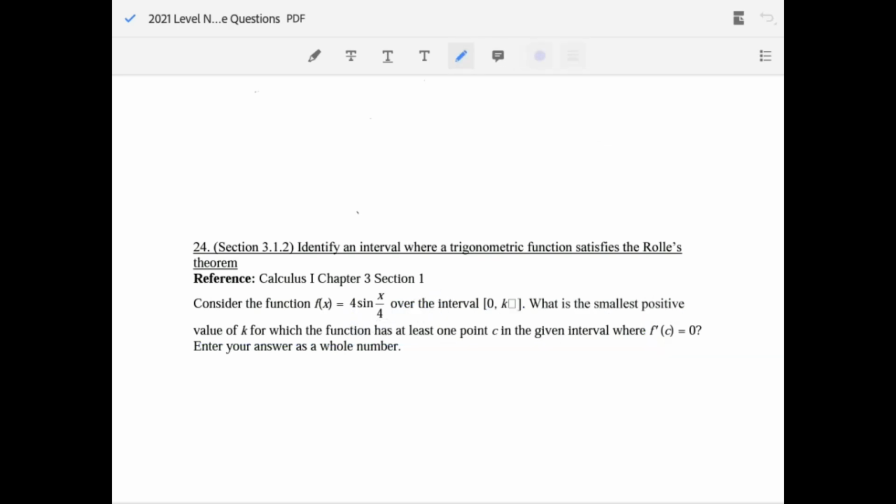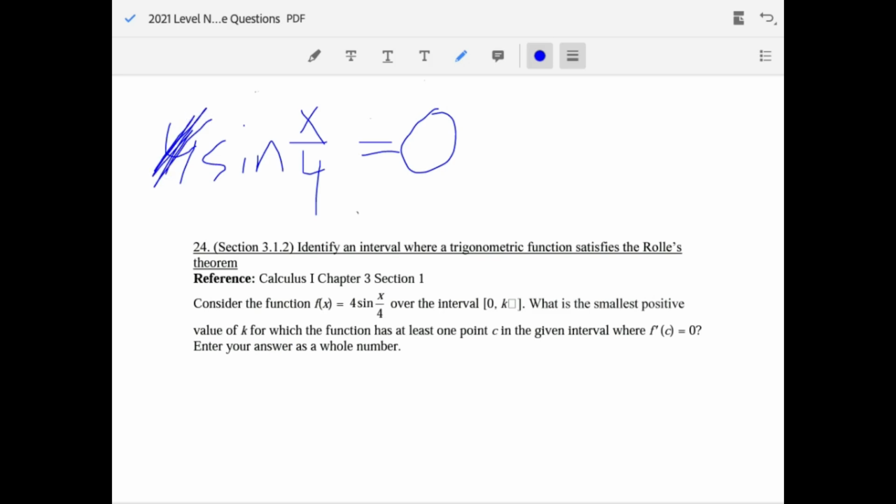So 4 sine of x over 4 equals 0. The 4 is cancelled out, because we need whatever makes sine of x over 4 equal 0. Sine is 0 at 0, pi, 2 pi, and so forth.